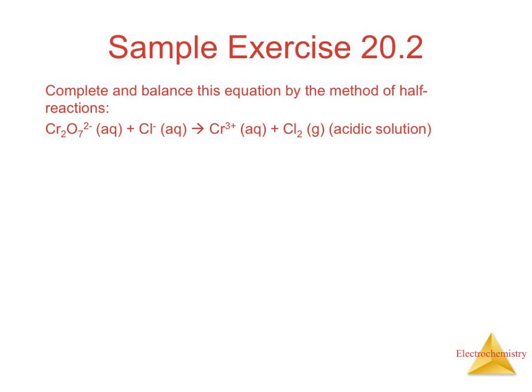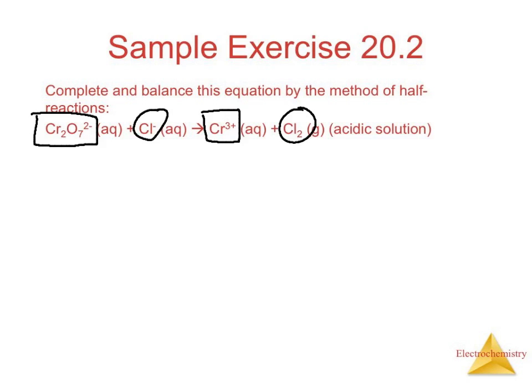One of my half reactions here is going to be the Cr2O7 2- going to Cr3+, and the reason I know that is because they both have chromium in them. And then my other half reaction is the Cl- going to Cl2, and again I know that because they both have chlorine in it. So usually it's going to be fairly obvious what your two half reactions need to be.